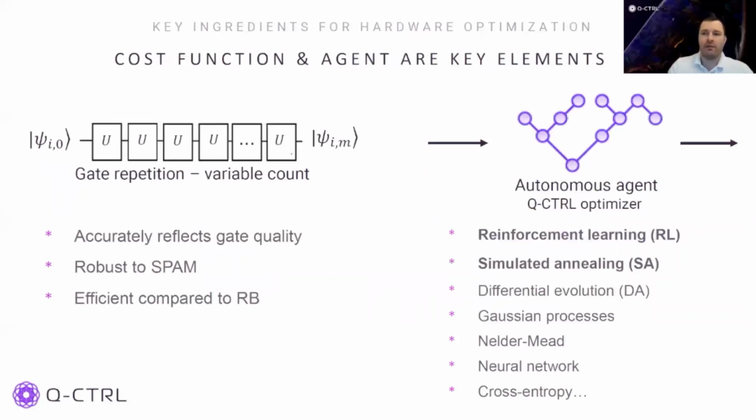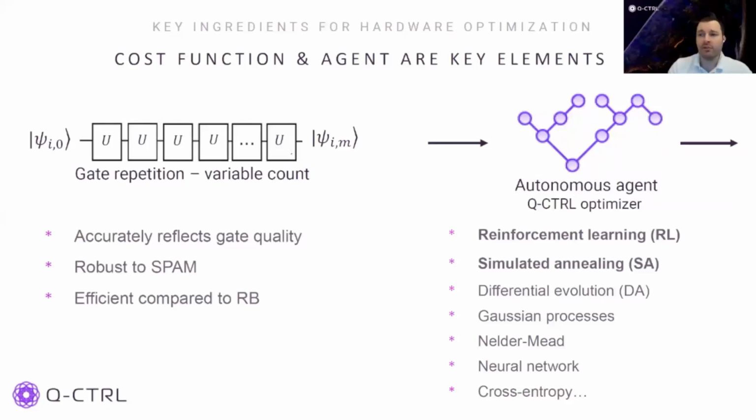There are two key elements in this optimization process. The first one is the cost function. The cost function is not unique. A good cost function reflects the gate quality and returns lower and lower values as we improve the gate implementation. Since we are interested in the error of the gate, good cost functions wait out unwanted effects, such as state preparation and measurement errors.